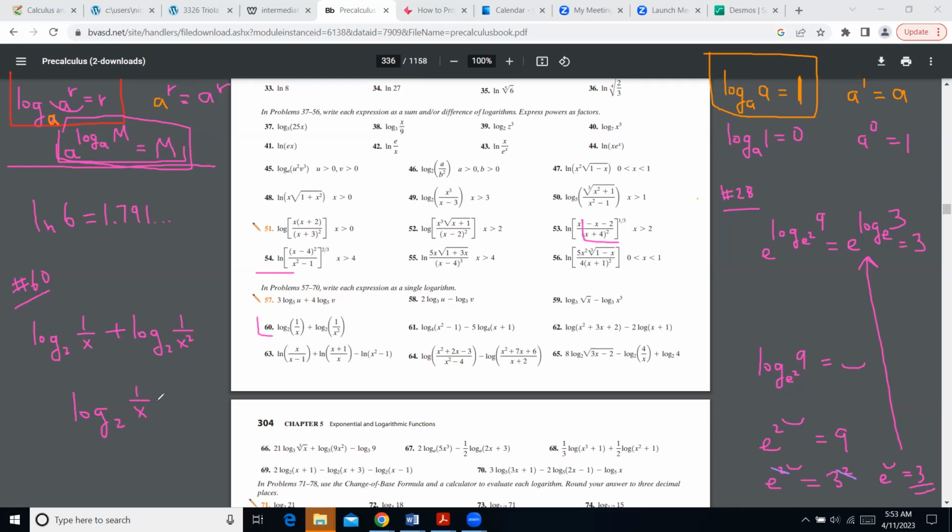Remember, when we add those logarithms, what I have to do is multiply 1 over x by 1 over x squared, and this is it. Whatever the result is, it's a fraction with 1 on the top and the third power of x on the bottom. That's our answer. If you add logarithms, then you just put them together like that, and that's it.